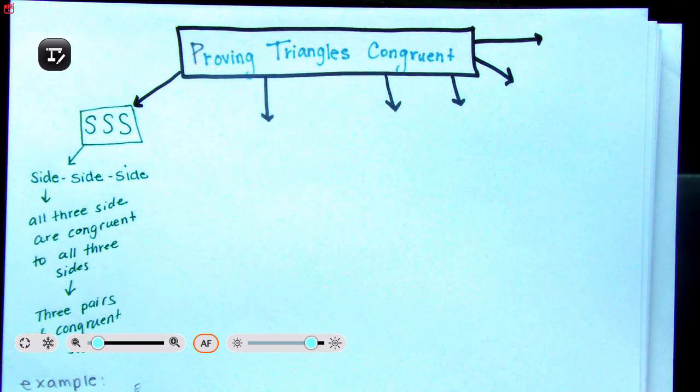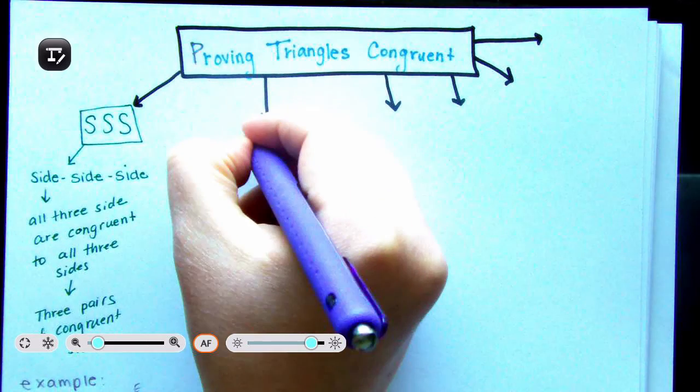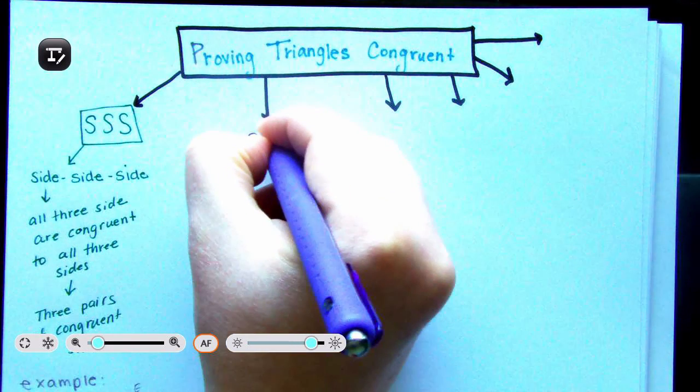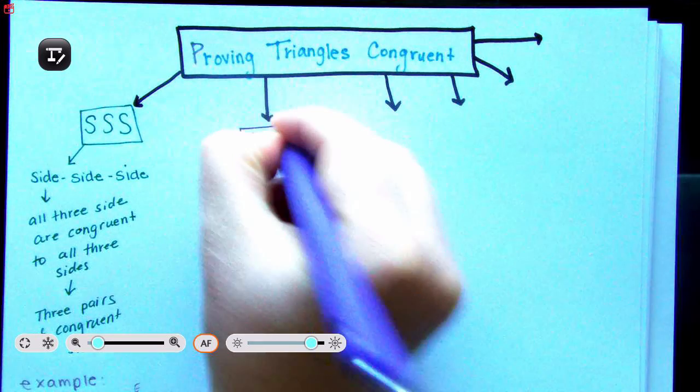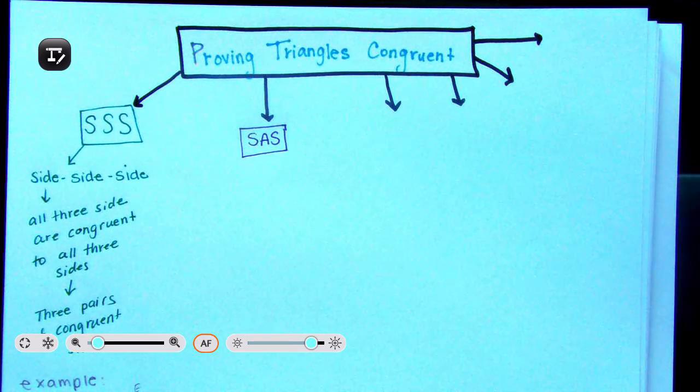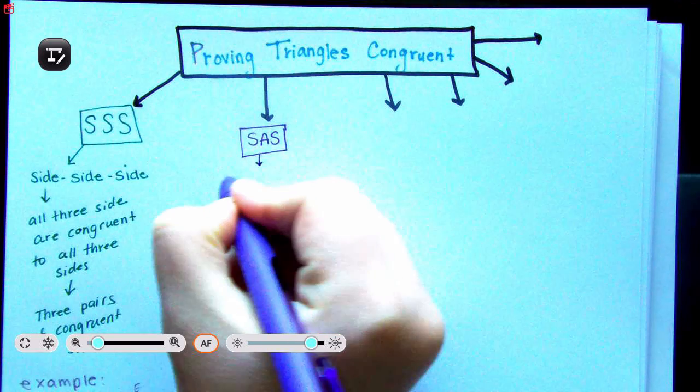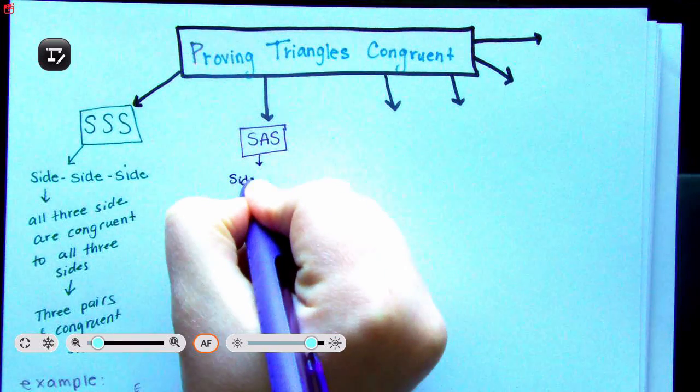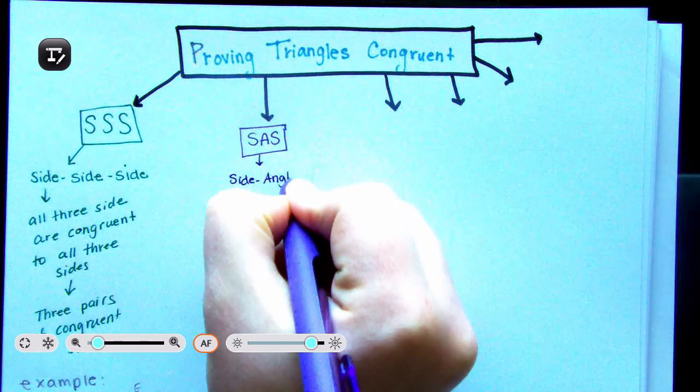Another way to prove triangles are congruent is by Miss SAS. I call her Miss Sass. She is Miss Sassy. She is Sassy Pants. But you will hear me say Miss Sass. Now, Miss Sass represents a side, angle, and a side.